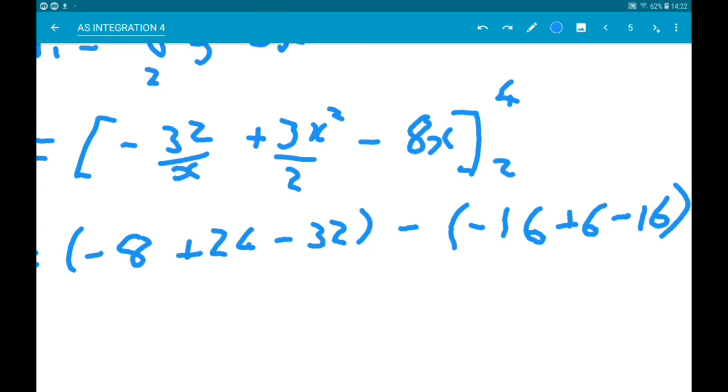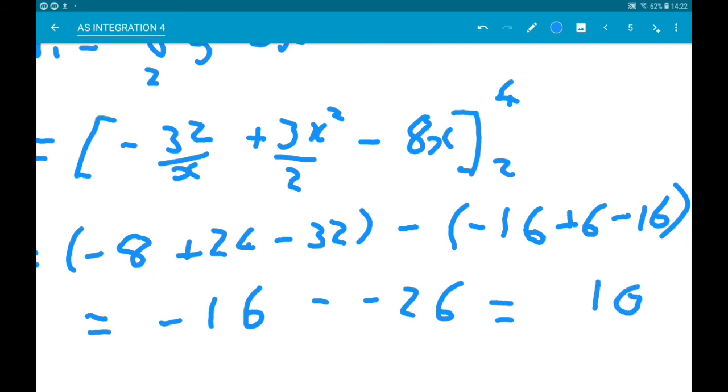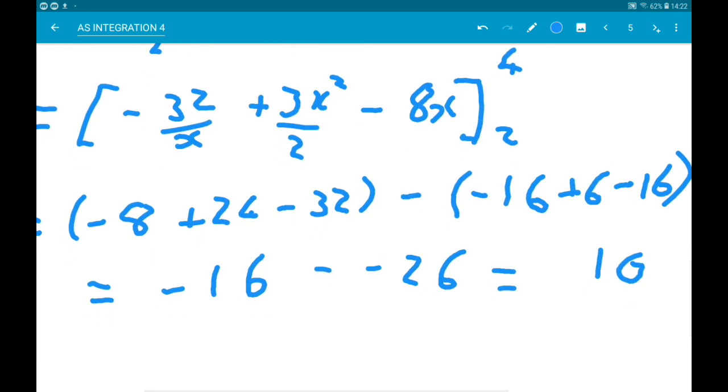Okay, so that gives us minus 16 minus minus 26, which gives us 10. So A1 is 10.